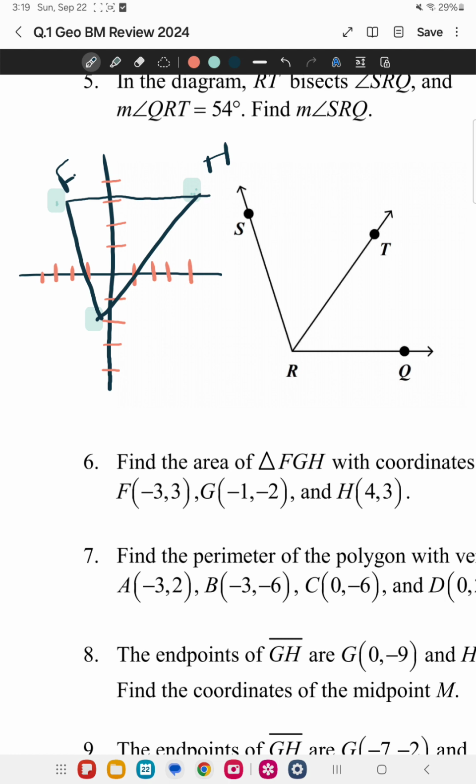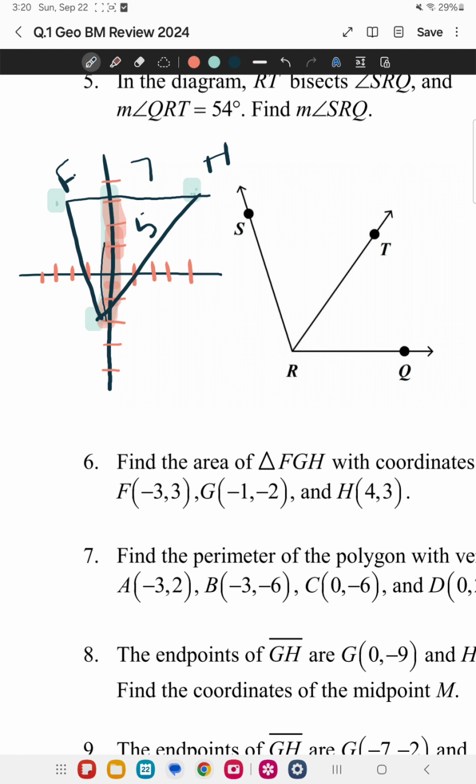But I know that my height goes from right here, which is a negative 2, all the way up to a positive 3. So we're going to do 1, 2, 3, 4, 5. So my height right here is 5.